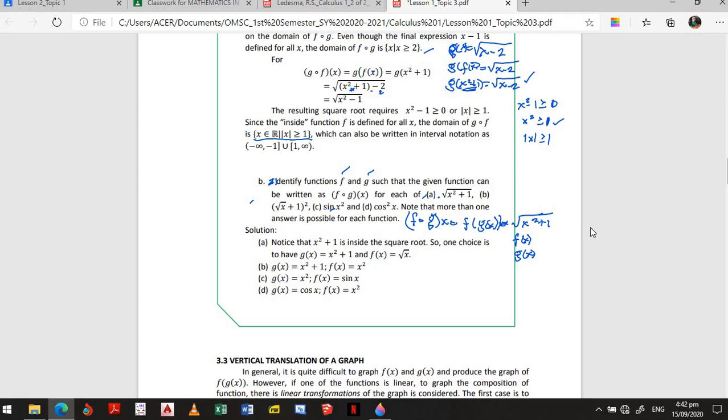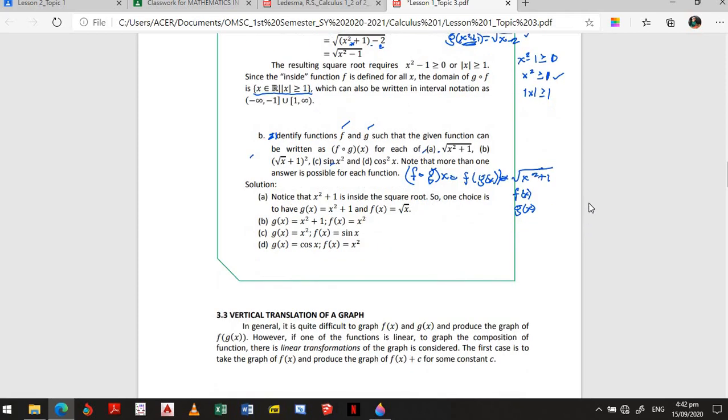Ano po yan siya? In order for our f of g of x to be square root of x squared plus 1. So here, we say that one choice can have g of x should be x squared plus 1. And then we have our f of x, which is equal to square root of our x.